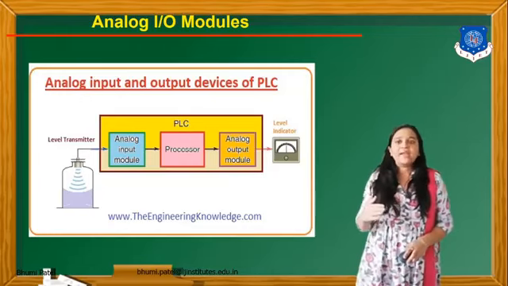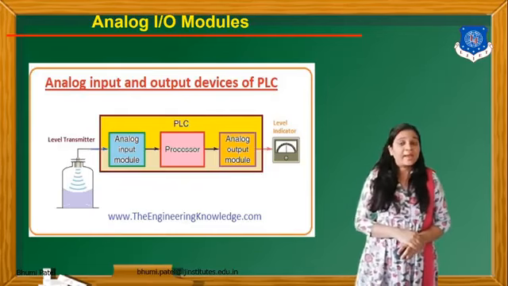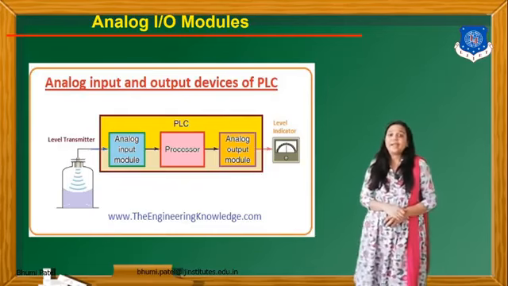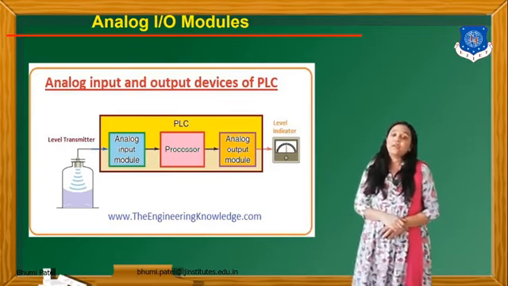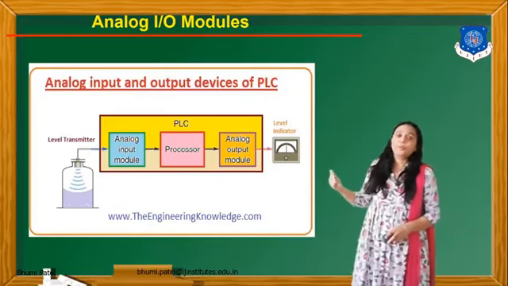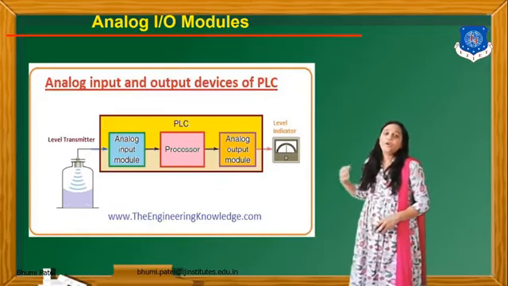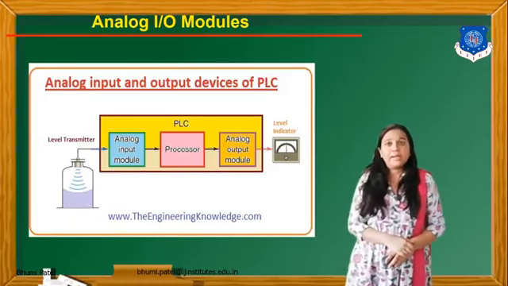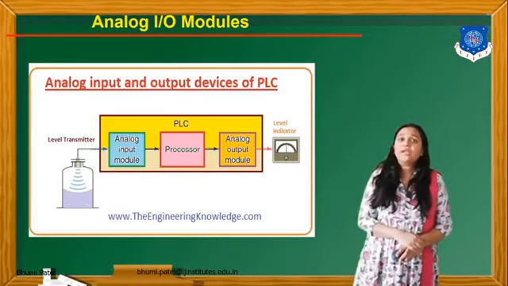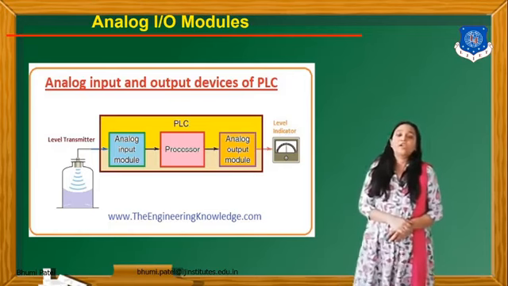Same as the analog input module, the output module has multiple devices connected, like 2, 4, 16, 32 devices connected to one analog output module. To the analog output module we can connect the level indicator. What is the function of the level indicator? It indicates the level of this particular system.